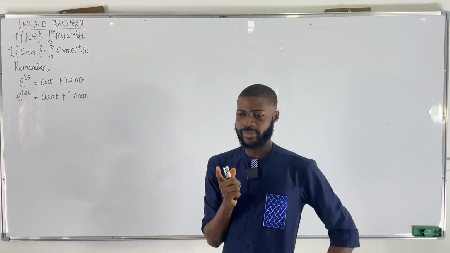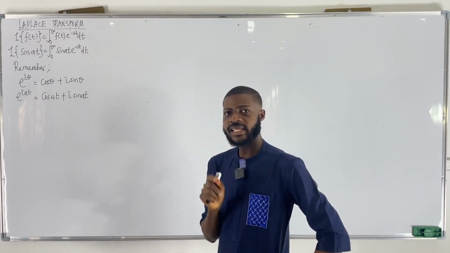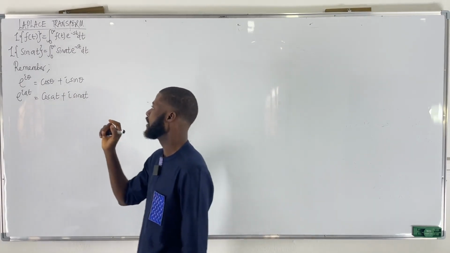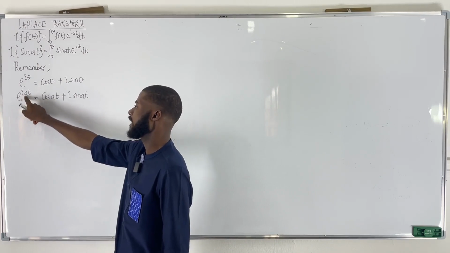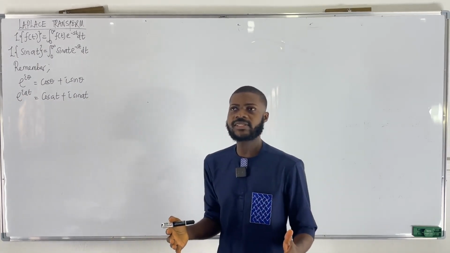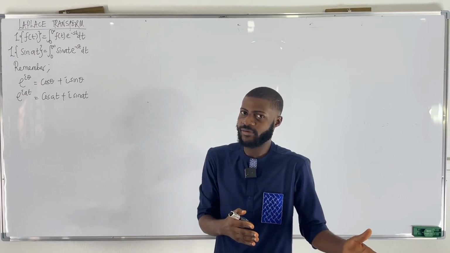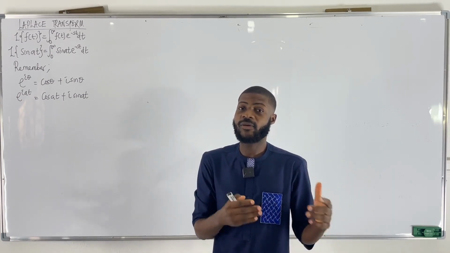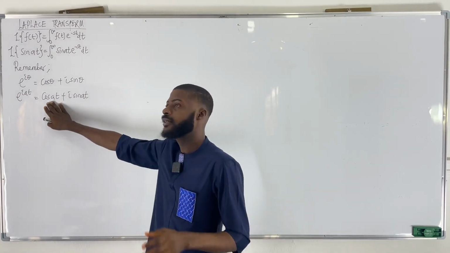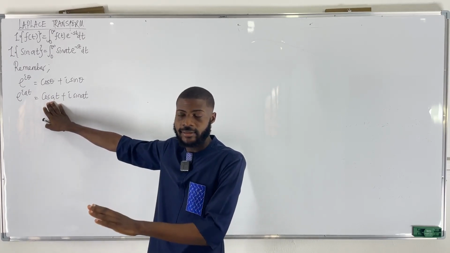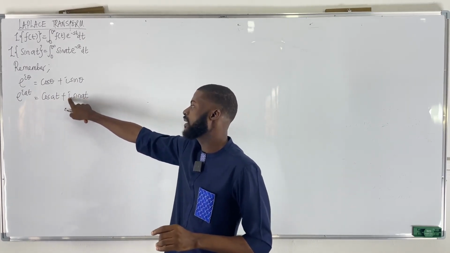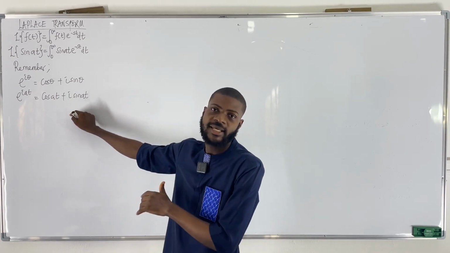Now, what does this tell me? This tells me that if I can find the Laplace transform of e to the iat, then to get the Laplace transform of cos, I need to pick the real part of my answer, and to find the sine, I need to pick the imaginary part of my answer.